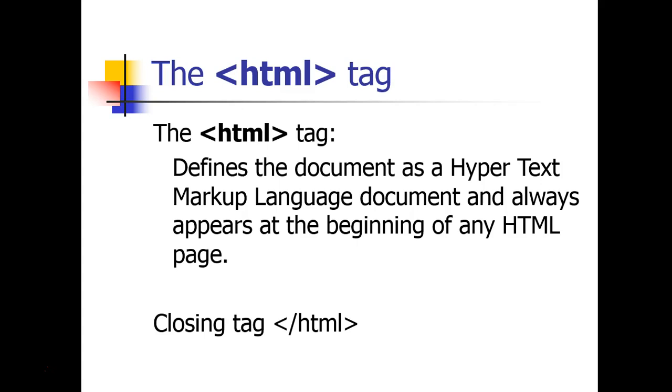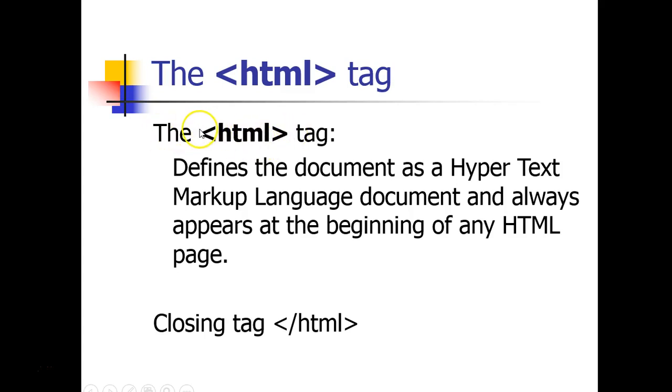So the HTML tag, really all that it does is it just tells the browser that this is an HTML file. So the browser knows when it starts reading the file, it knows what to expect. It knows to expect HTML tags. And so all the tags have these angle brackets around them.